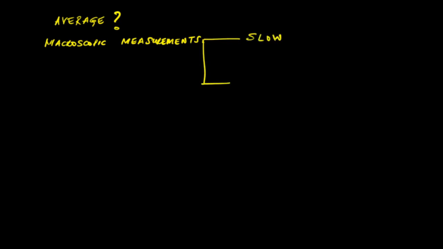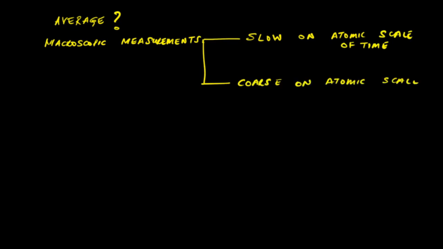So now, what do we mean by this average? What is this averaging? So whenever we perform macroscopic measurements, we say that these measurements are slow on the atomic scale of time, and they are coarse on the atomic scale of distance.